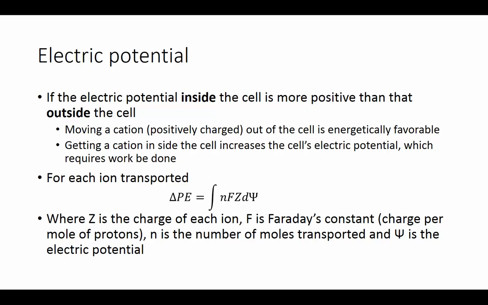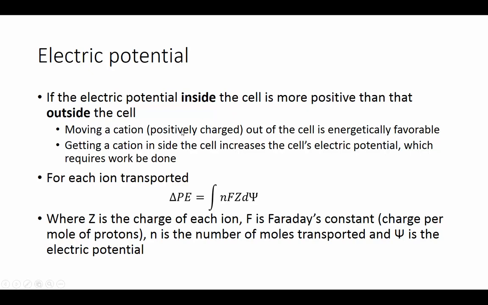The electric potential inside the cell is more positive than that outside the cell. That's just the way, it's a biological fact there. Actually, let me rewind. The biological fact is the reverse of that.